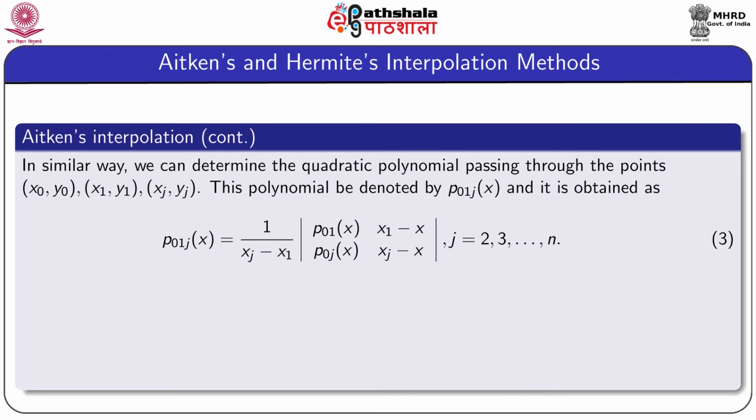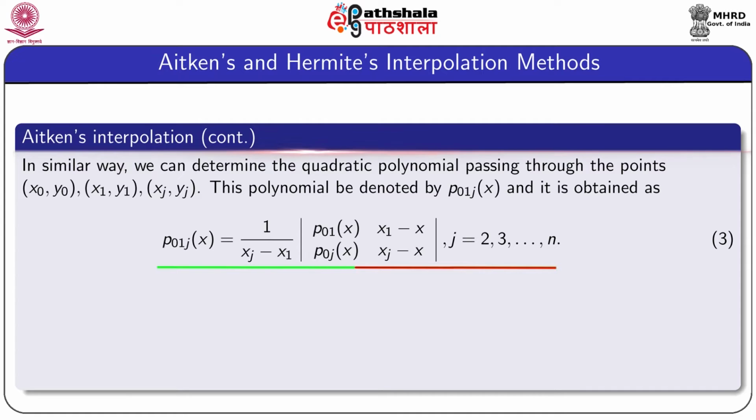In the second iteration, we consider 3 points. One is x0 y0, the second one is x1 y1, these 2 points are fixed, and the third point is xj yj, where j equal to 2 to n. This polynomial is denoted by p01j(x), and it is obtained as p01j(x) equal to 1 by (xj minus x1) into a determinant of order 2.